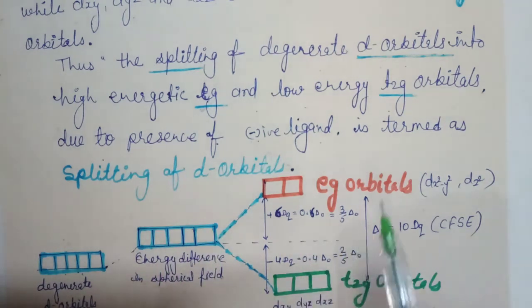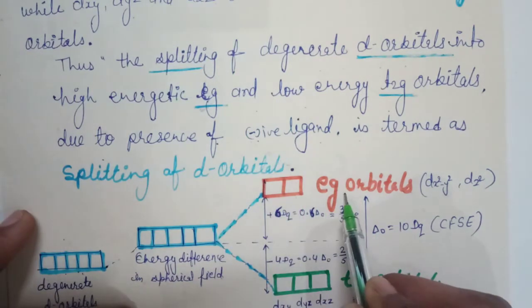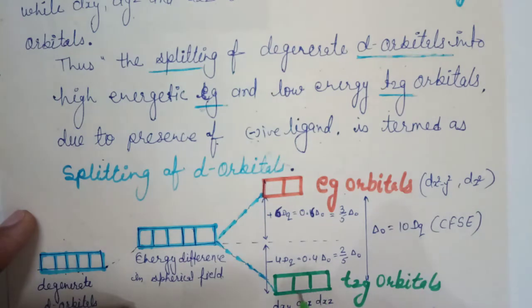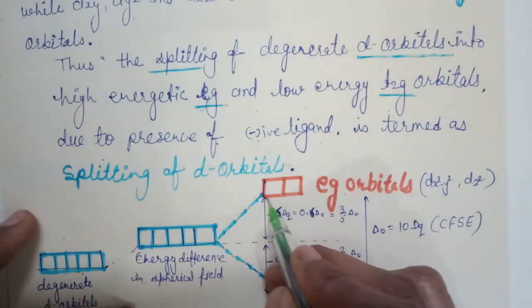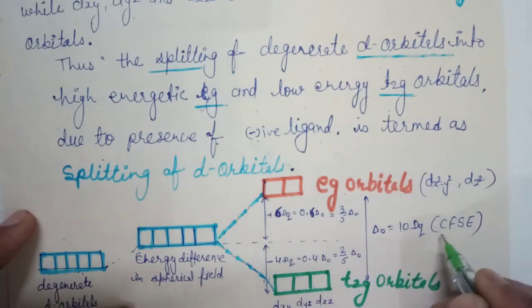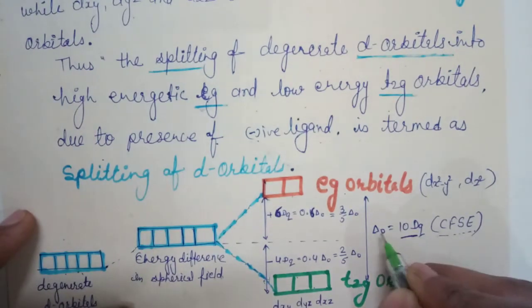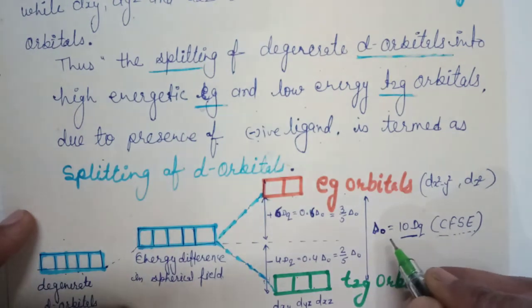Now when ligands are attaching from the axes, then these are the higher energy Eg orbitals and these are the lower energy T2g orbitals, and the energy difference between Eg and T2g orbitals is known as CFSE, crystal field splitting energy, that is always equal to 10 Dq, and here we can also denote it as delta O. O means octahedral.